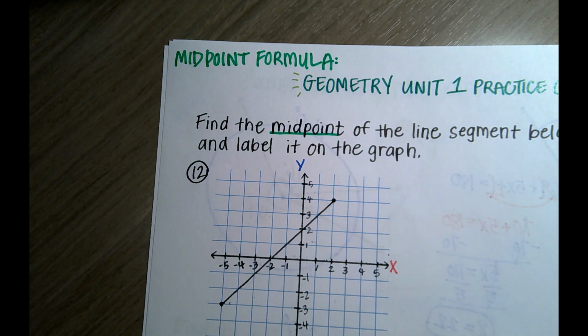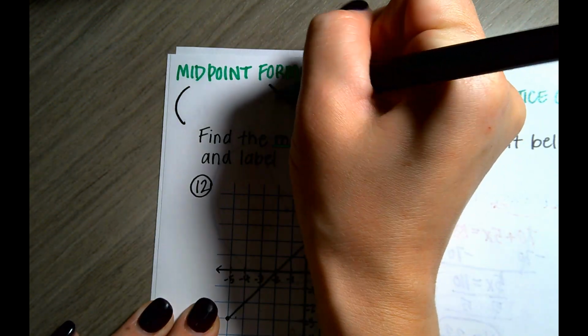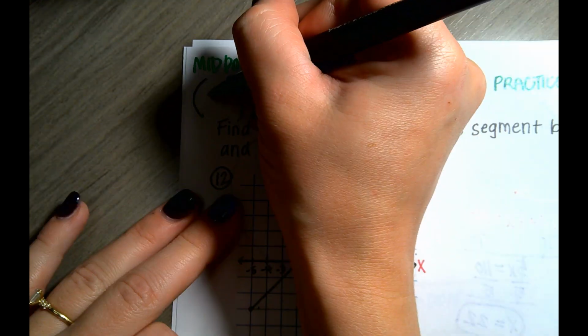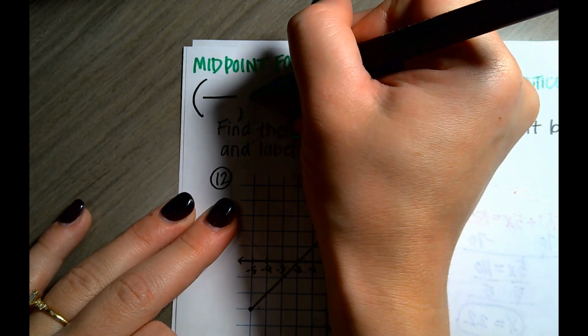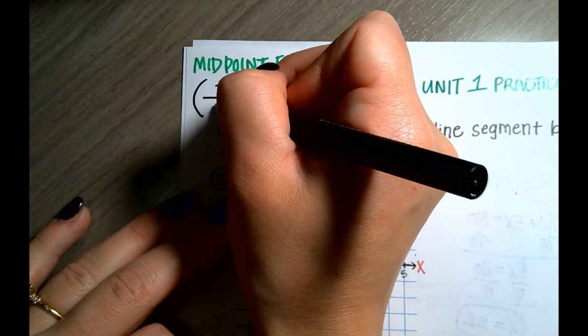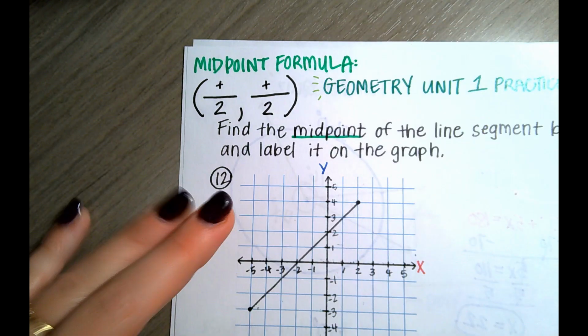And remember, the midpoint formula is the one where we are going to come up with 2 values, an x value and a y value. So we're coming up with a coordinate, where we add the x's and we add the y's and we divide them both by 2.